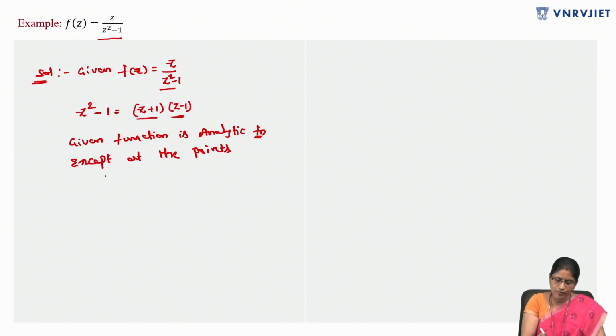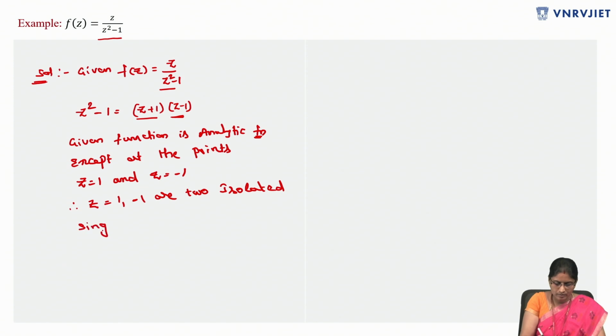So the given function is analytic except at the points z equal to 1 and z equal to minus 1. Therefore, z equal to 1 and minus 1 are two isolated singular points. So for the given function we have two isolated singular points: one is z equal to 1 and another one is z equal to minus 1.